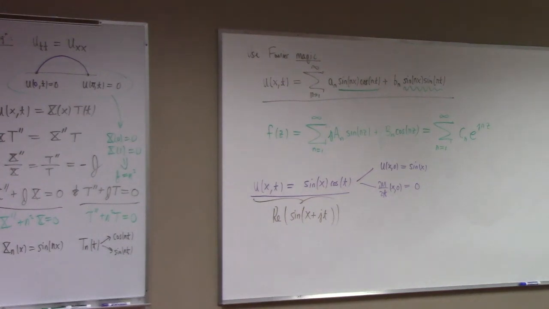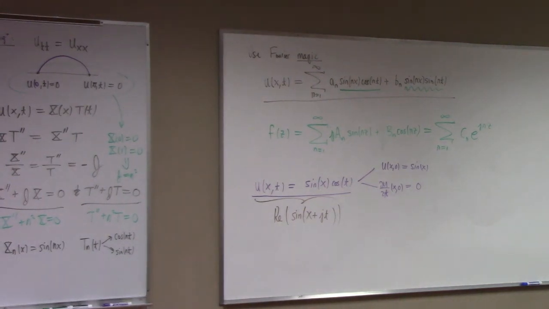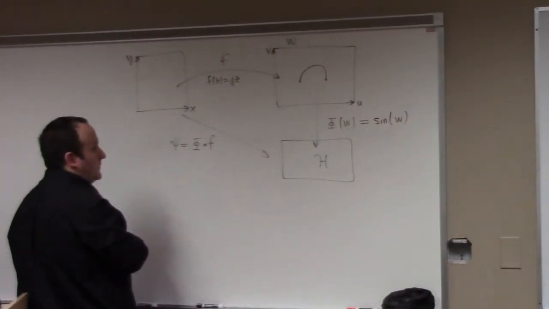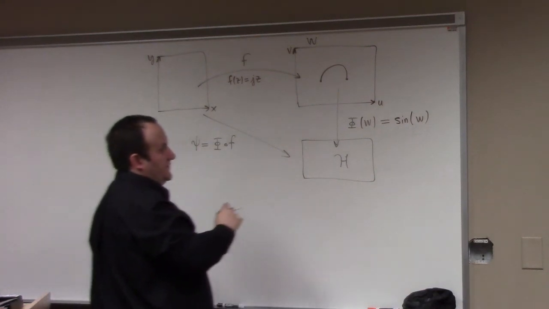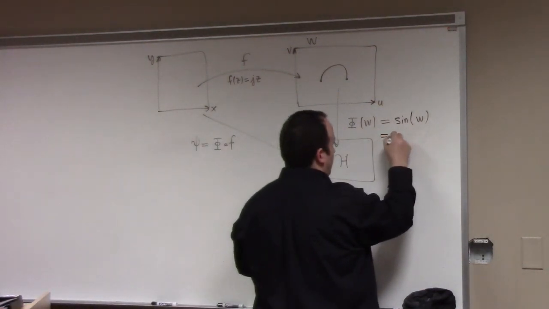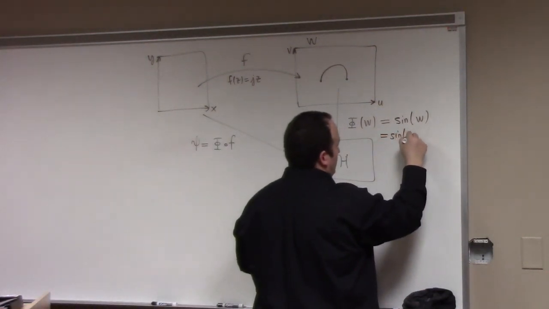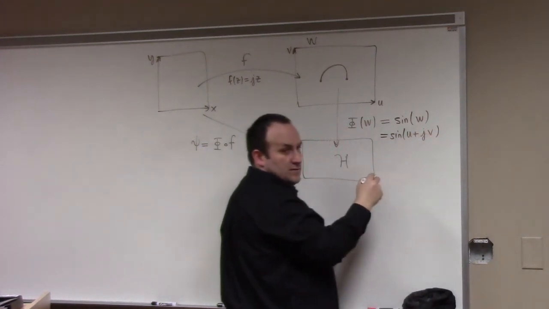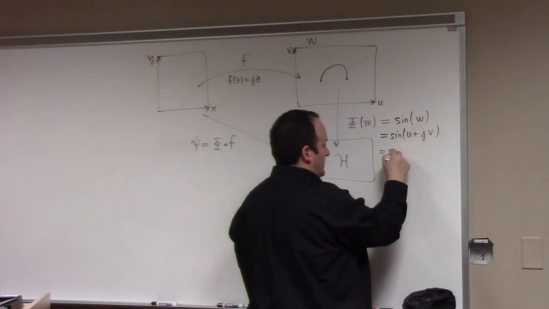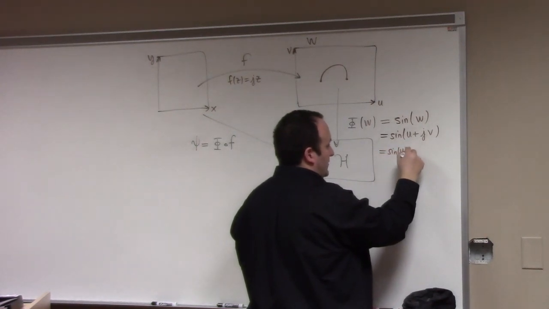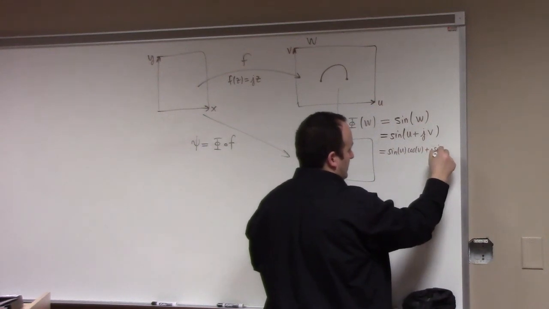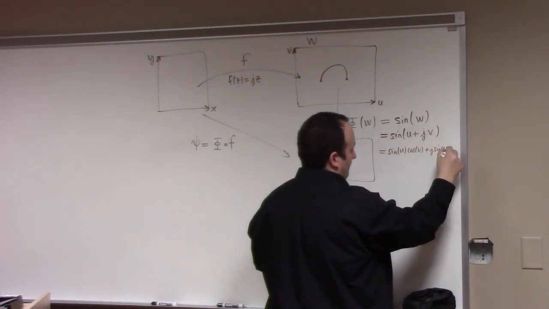And we know that the real and imaginary components of this are separately wave solutions to the wave equation. We also know that this is the sine of u plus j v, which we worked out is sine u cosine v plus j cosine u sine v.